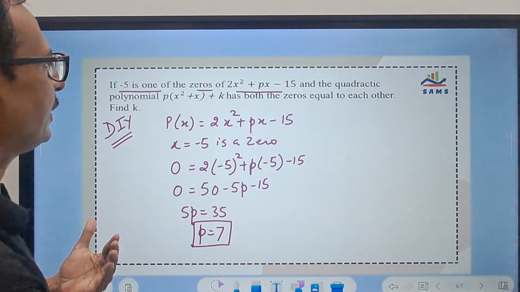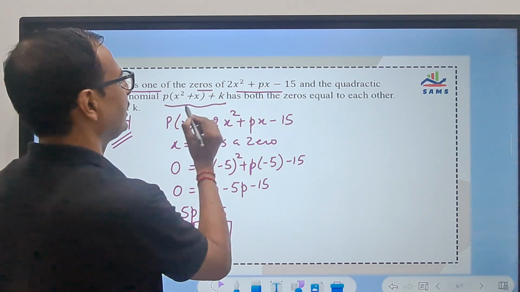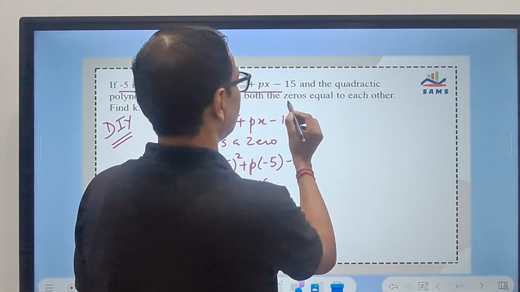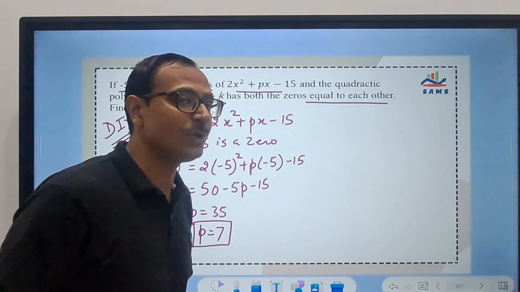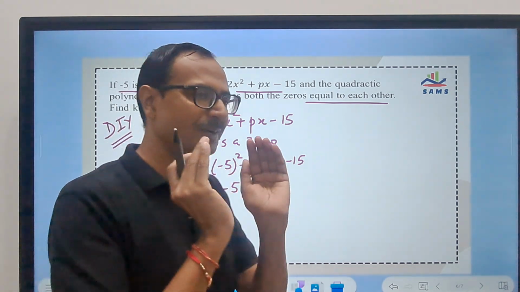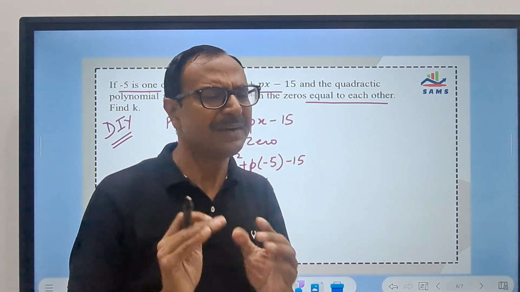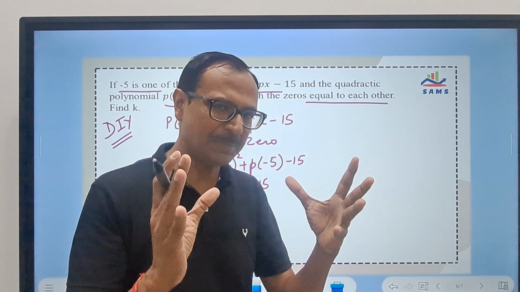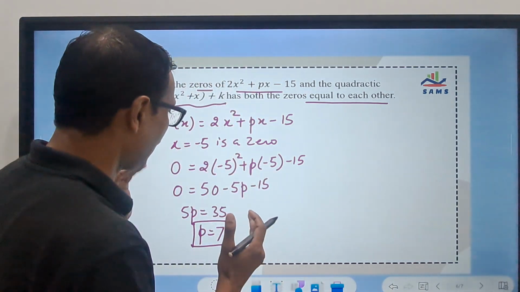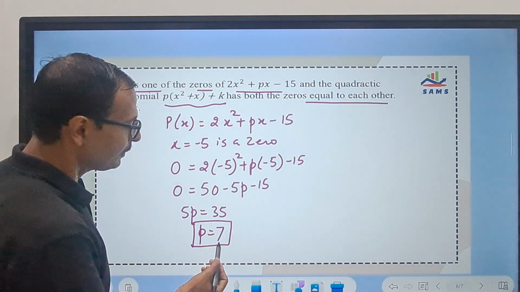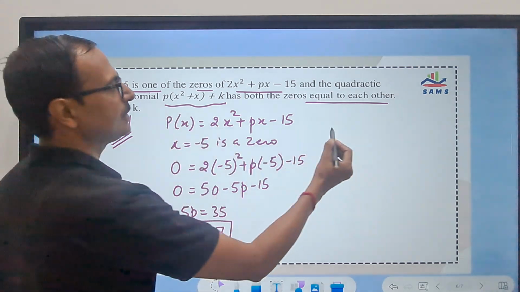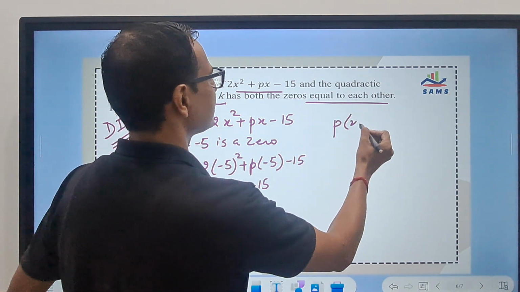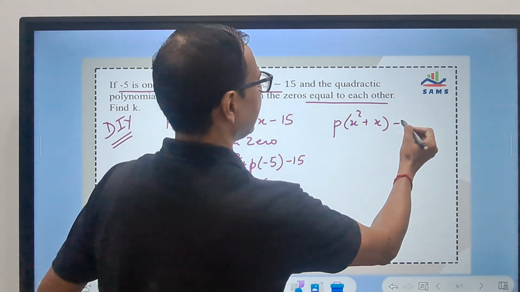Now comes the second part. There is another quadratic polynomial and he says this has both the zeros equal to each other. Now you should know when are the two zeros equal to each other. Repeated roots. It gets converted to a whole square. I am giving you some hints, okay? So now you have to try the second part. P is 7, just put it here. This is the expression, so p times (x squared plus x) plus k, right?